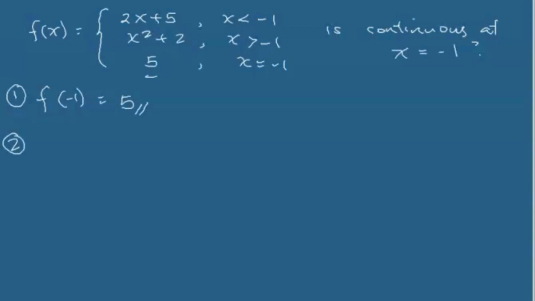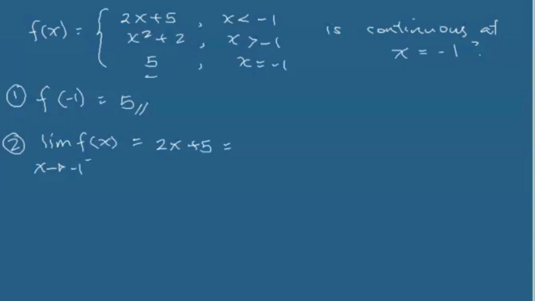Second step, let's check if the limit exists by checking the left hand side and right hand side limits. Let's start from the left: as x approaches negative 1 from the left, we use less than negative 1, so that's 2x plus 5.